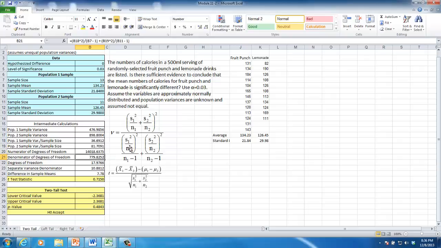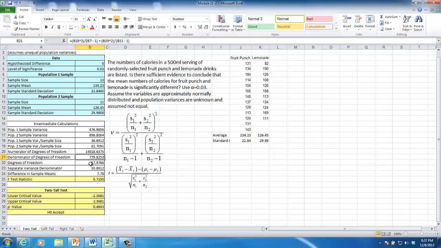So for the denominator, S1 squared divided by N1, which is B18 squared, divided by the sample size minus 1, B7 minus 1, and we do the same thing for sample 2: B19 squared divided by the sample size B11 minus 1.